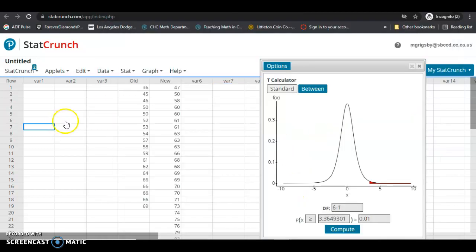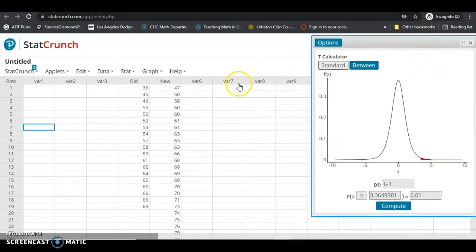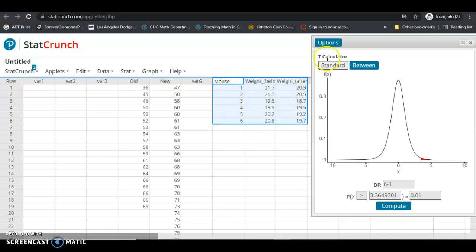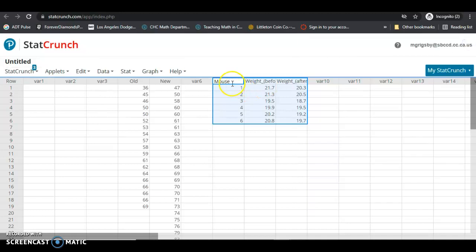Because I have the titles, I'm going to select the very top where it contains var, the name of each column, so that we have the number of each mouse, their before weight, and their after weight.